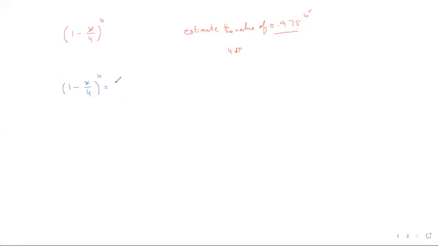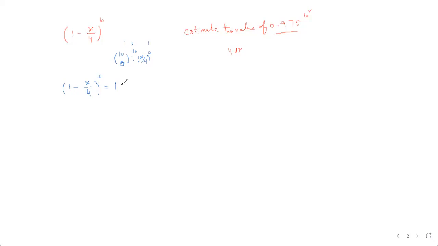When we expand, the first term will be simply 1, isn't it? Sorry, this is not 10 with 10, this is 0, this is the zeroth term, because this power is 0, this is the zeroth order term. So in that case, this is 1, and this is 1, everything is 1. 1 times 1 times 1 is 1.